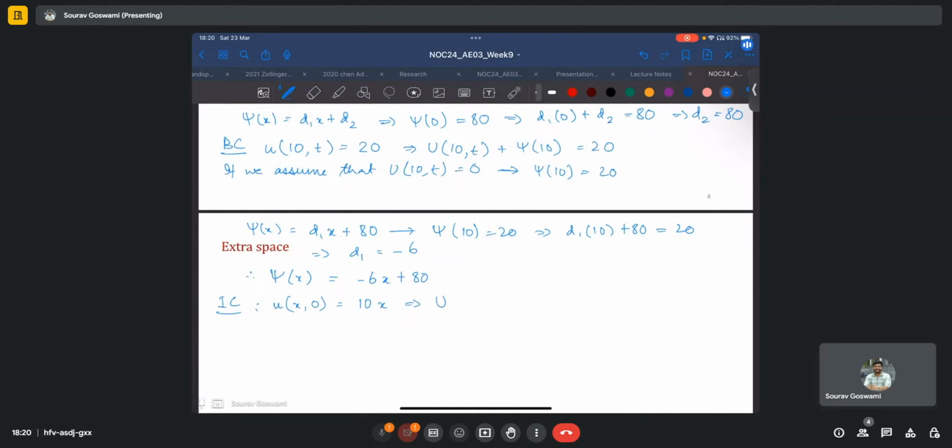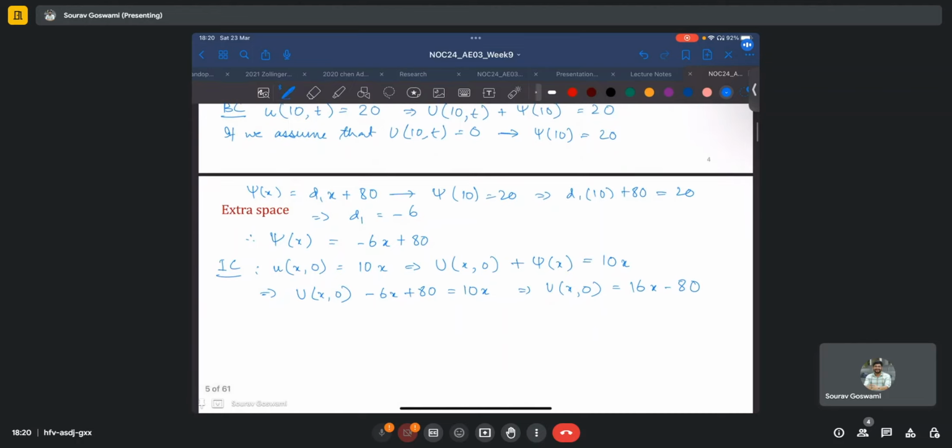And as per our formulation, capital U at x comma 0 plus φ of x is 10x, which implies that U at x comma 0 plus minus 6x plus 80 is 10x, which would in turn imply that U at x comma 0 is 16x minus 80.